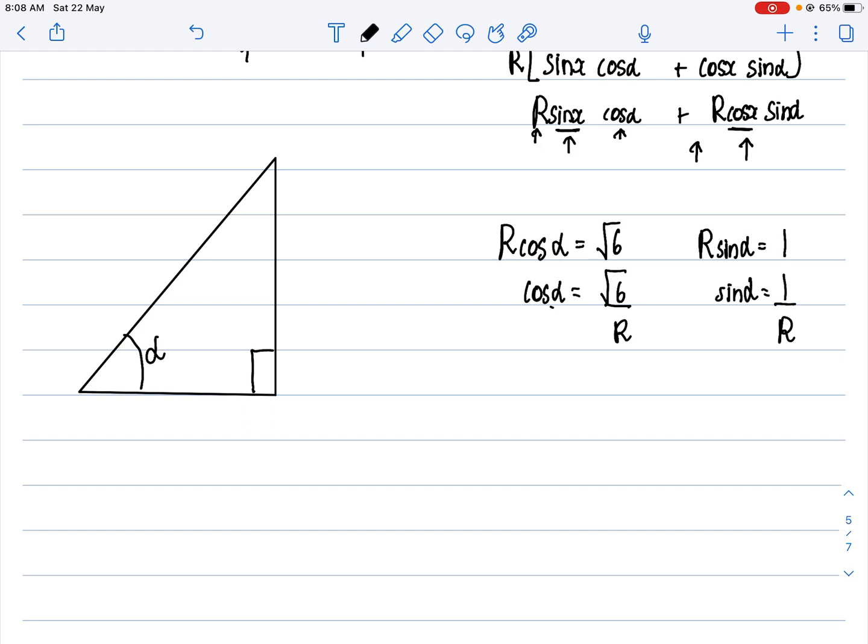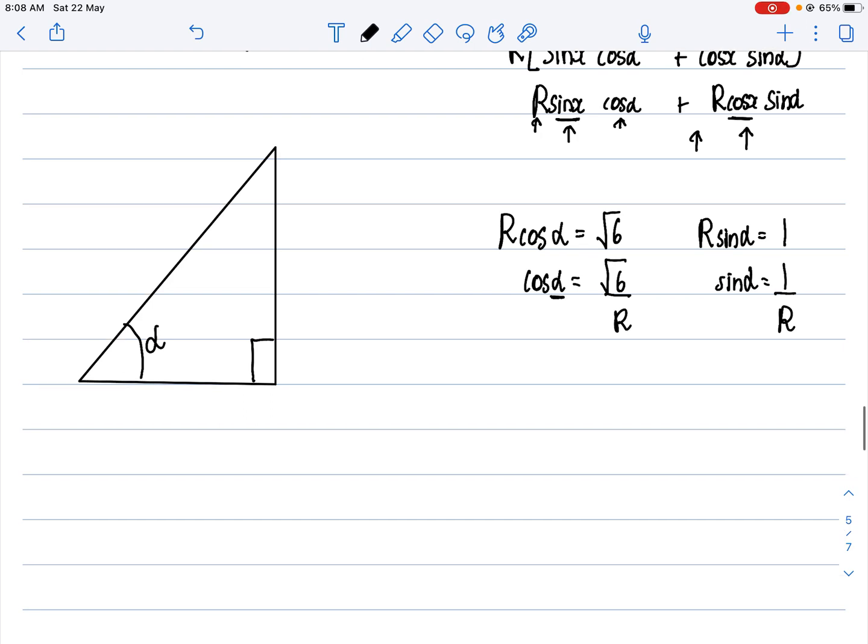Cos alpha means adjacent over hypotenuse, so my adjacent is root 6 over my hypotenuse, which is r. Sine alpha means opposite over hypotenuse, so my opposite is 1 and my hypotenuse is r.